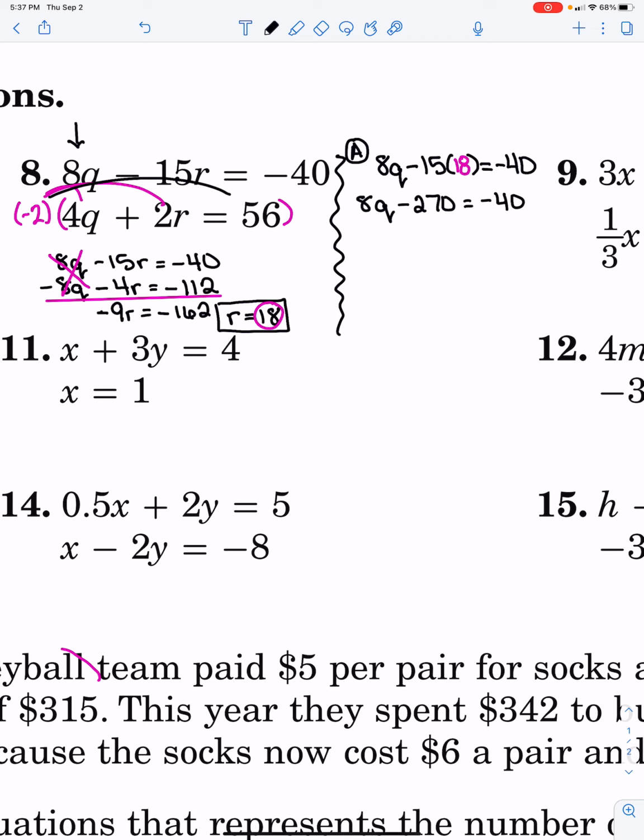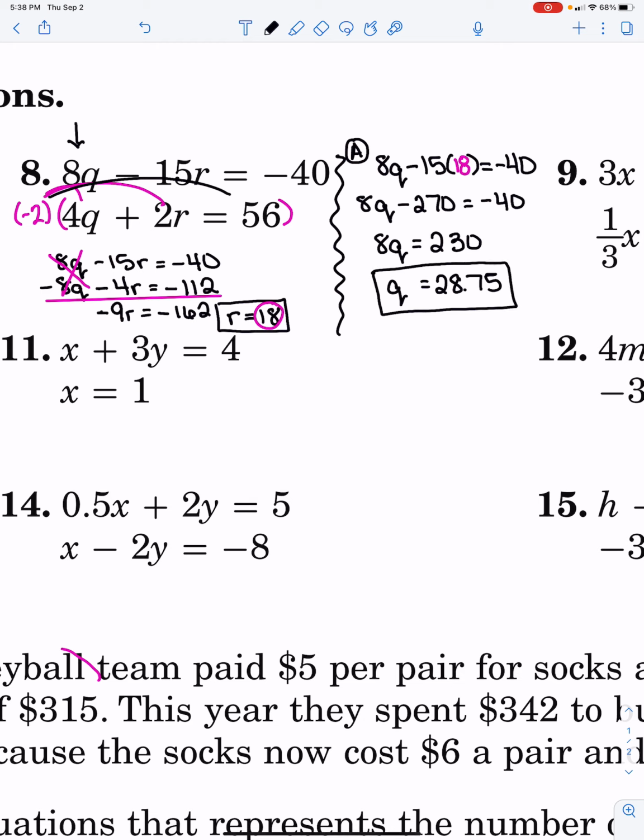Okay, add 270 to both sides. 8q is equal to 230. And then we're going to divide that by 8. And I've gotten 28.75.